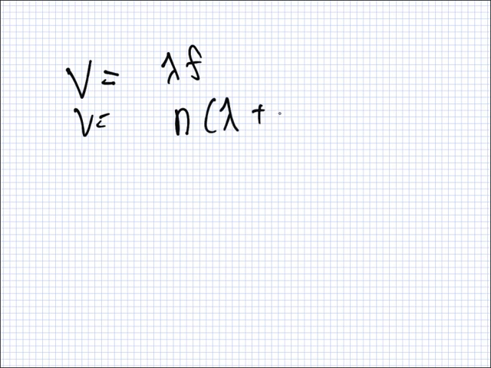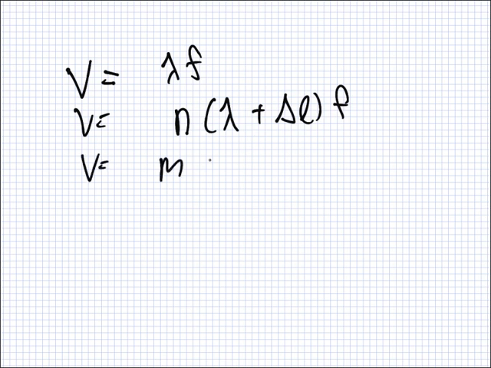When we had two, we had V equals lambda F, and V equals a number times n plus delta n F. Now you have two of these equations, right?